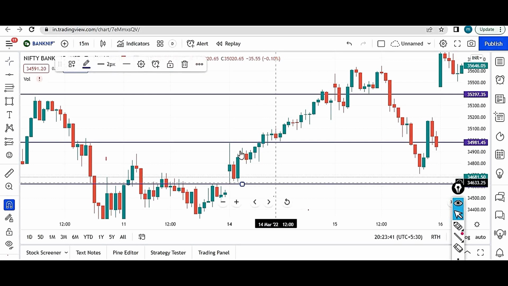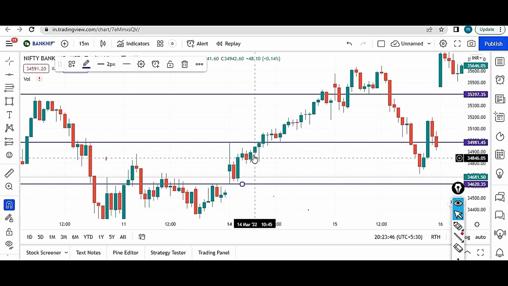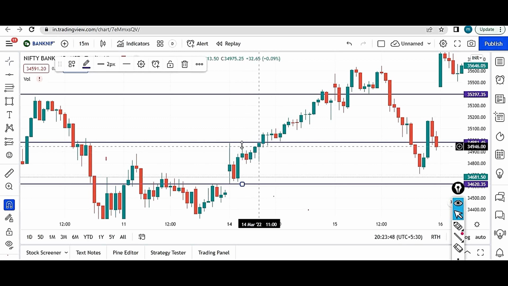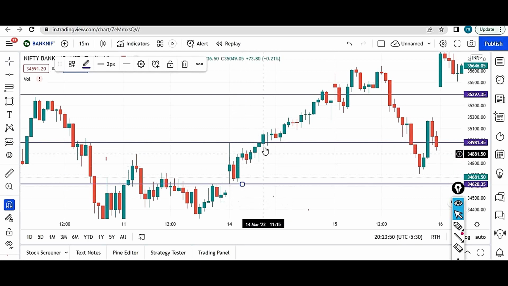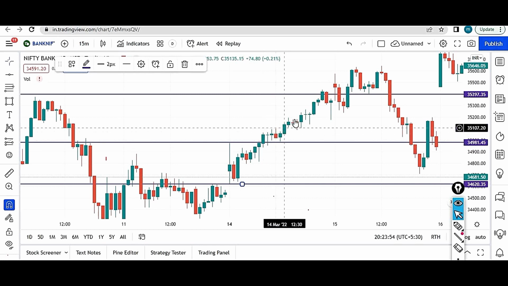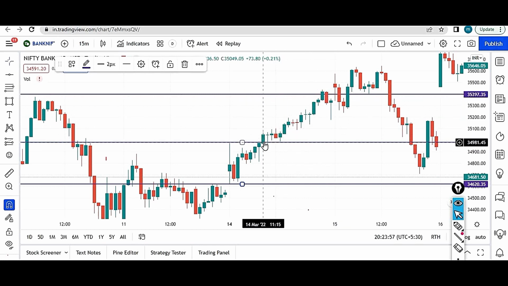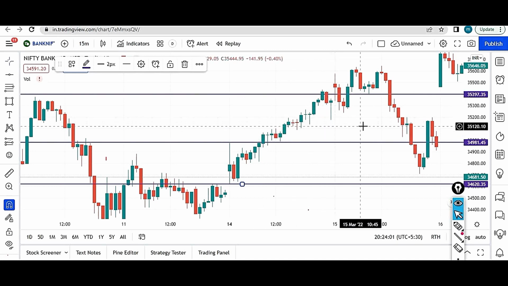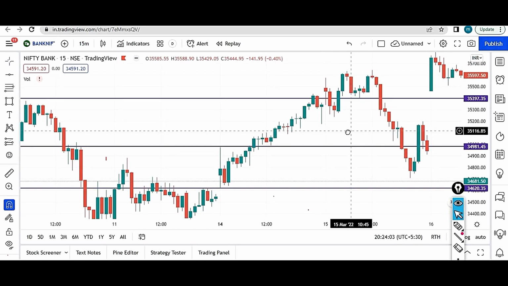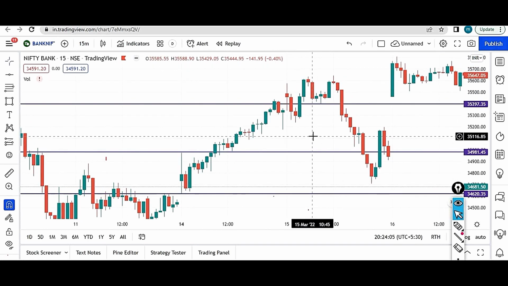Okay, we take an entry on the breakout of this candle around 11:15. 7 candles concentrated in this area. We take an entry on the top of this candle and see how the move is. If you entered here around 984, almost 500 points move, which is a very good move, right? That's how powerful inside bar is.